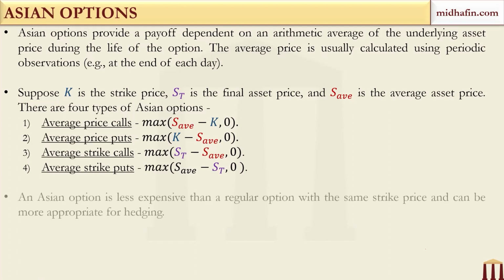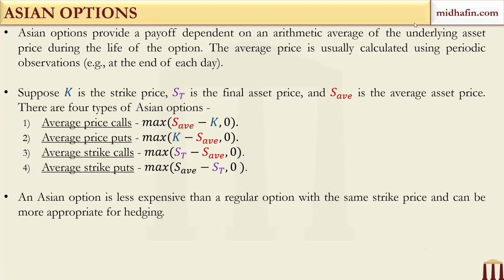Now, you see, averages are less susceptible. They are less volatile over time. They are more stable. So even if there was a significantly large asset price, if you average it out, its impact is dispersed over the 3-month period. So they give you an opportunity to vary the strike price or the asset price depending on the nature of the Asian option that you have bought.